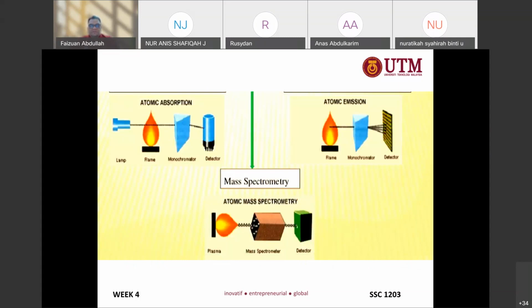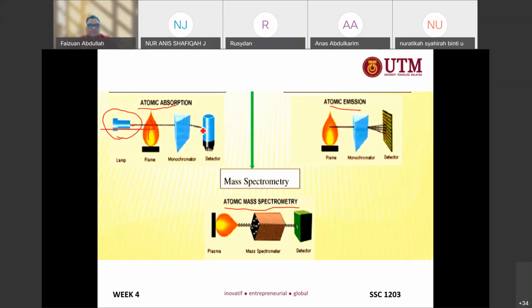Now we differentiate between AAS, AES, and mass spectrometry. What is the difference between AAS and AES? The light source. Yes, we have the light source here, because we measure how much of the analyte absorbed from the light source.